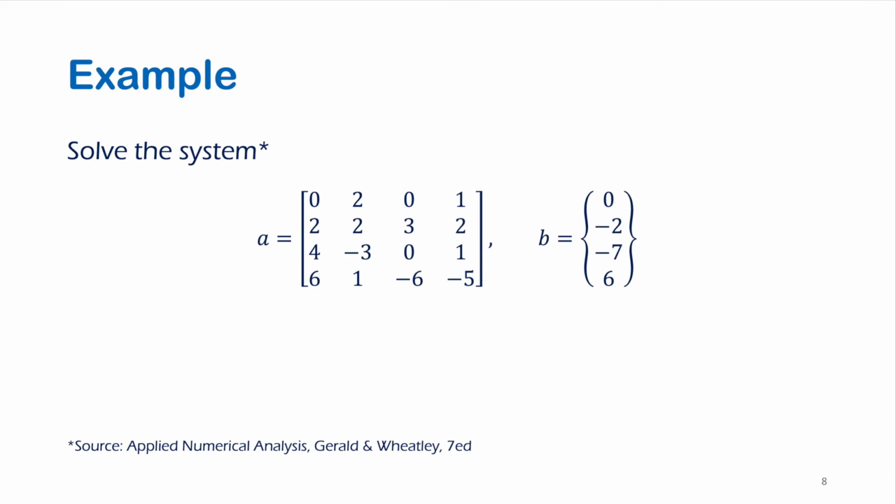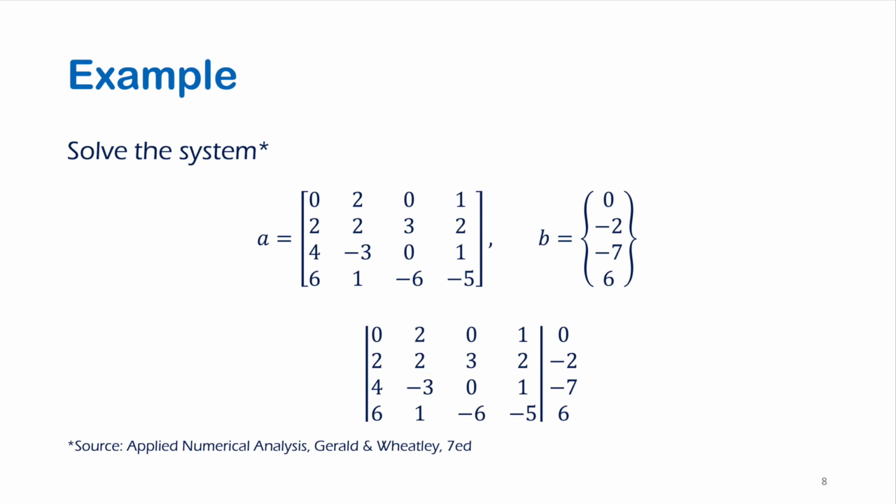Before coding, let's solve this example and find the solution in order to verify our code. To simplify the calculations, we put the system in a simpler form. Our goal is to transform the main diagonal to 1s and the elements above and below the main diagonal to 0s.